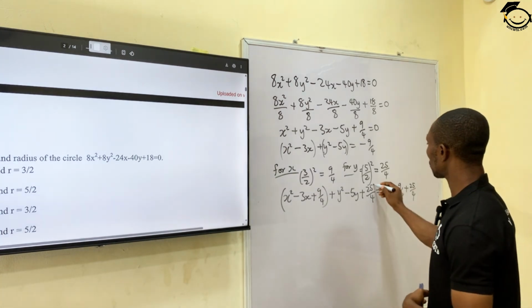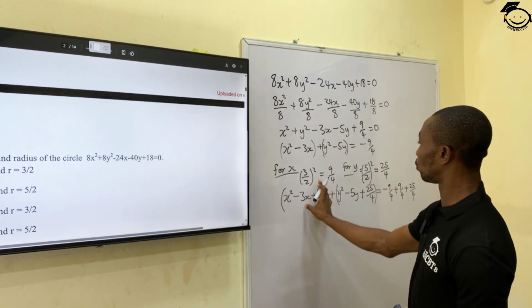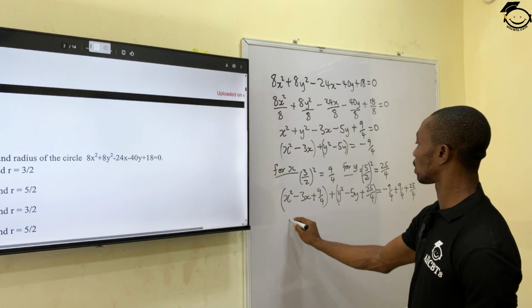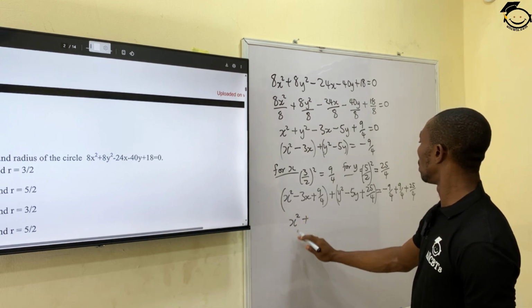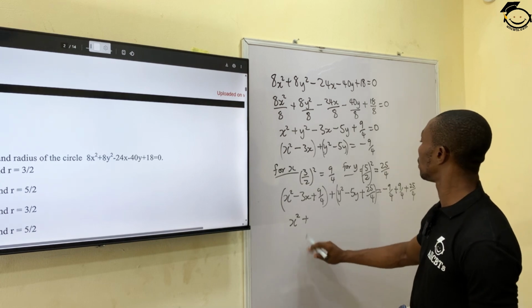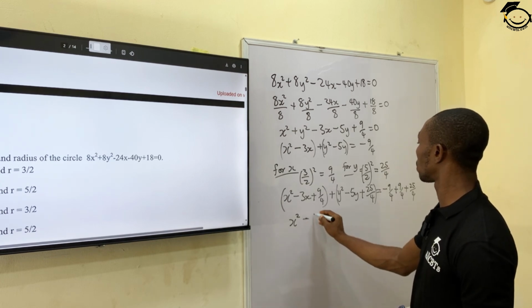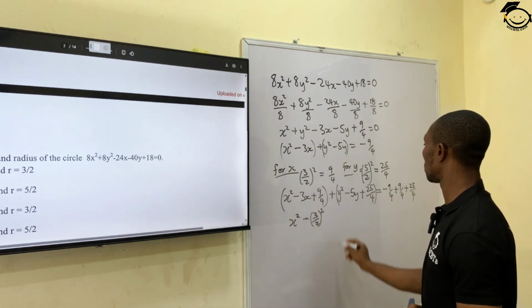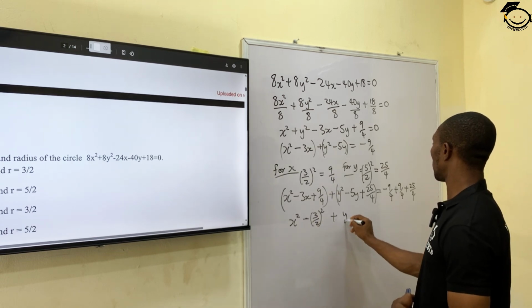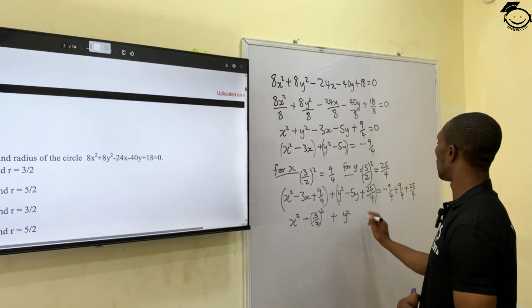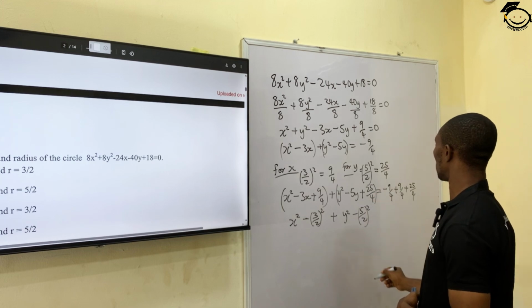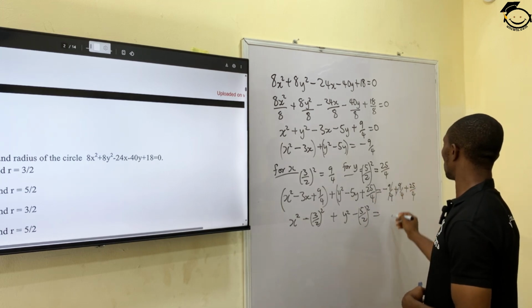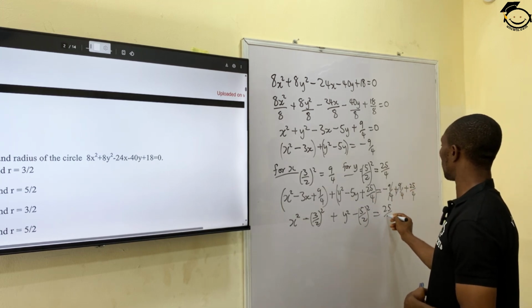Okay? Now, bringing out our squares, we are having this as x minus 3 over 2 squared, which represents this, plus our y minus 5 over 2 squared, which represents this, equals, this cancels this, leaving us with 25 over 4.